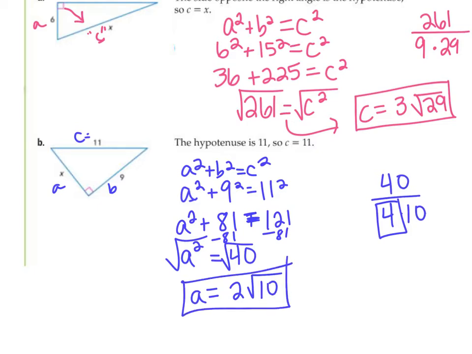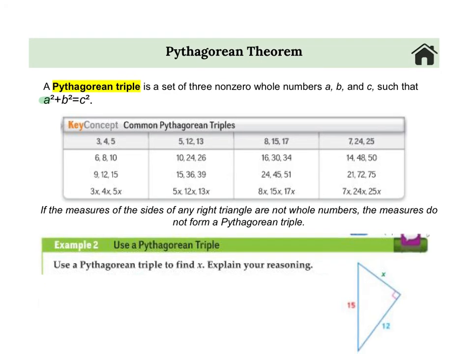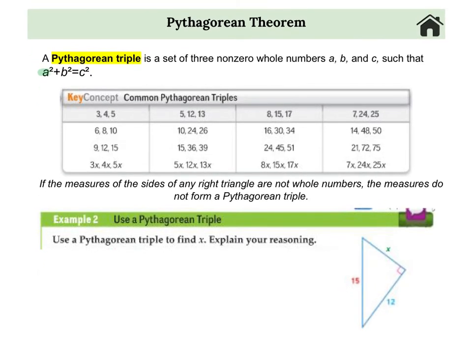Okay, moving on. Another thing that you may have kind of known about, but might not have gone in depth, is something called a Pythagorean triple. A Pythagorean triple is just a set of 3 non-zero whole numbers, a, b, and c, such that a squared plus b squared equals c squared. There are quite a few sets of common Pythagorean triples that you might see.